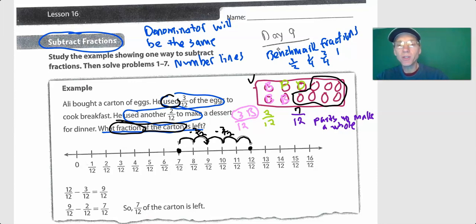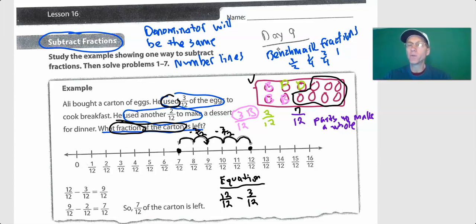So what does an equation look like for this? We can also write this just with numbers. No drawing, nothing. The equation says we start with the whole. We had 12/12, or 1 whole carton. We know we're subtracting fractions, so if we use a fraction, it's much easier. Minus 3/12. And then we could say minus 2/12 again, but you won't see that too much in fourth grade. Next year you would.